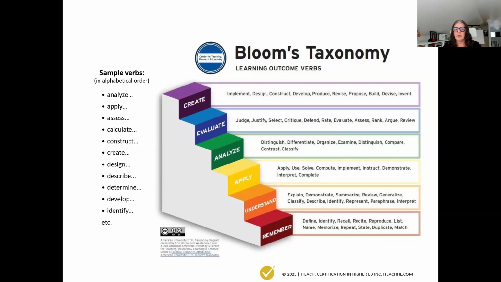They added a gerund to all of it, so you'll come across that too if you're looking. But again, they're very similar, so don't get too worried about which one you're using, because they both refer to the same thing. Bloom's taxonomy is very useful when you're writing your learning outcomes.